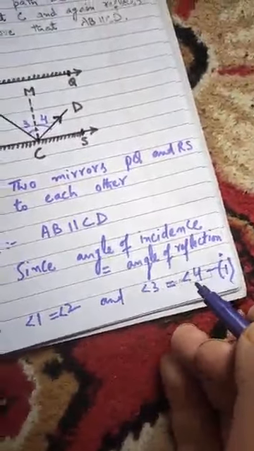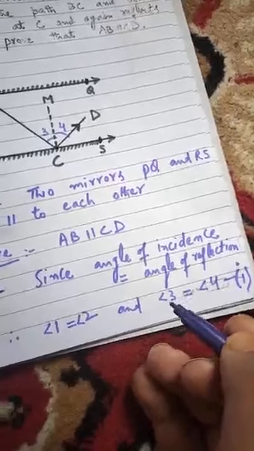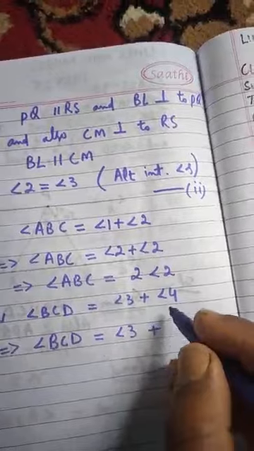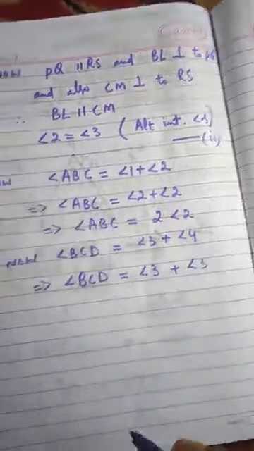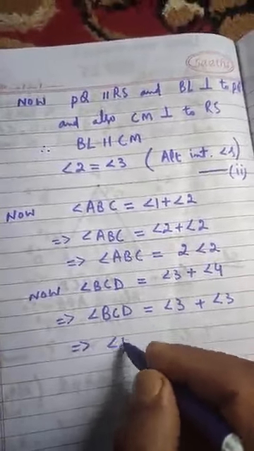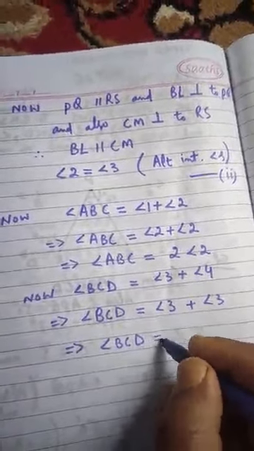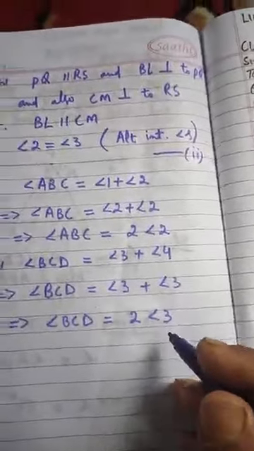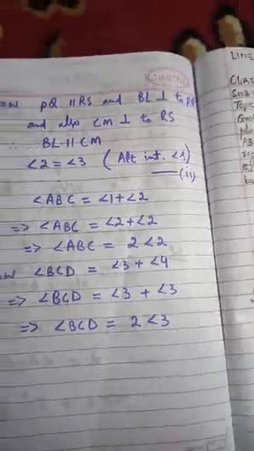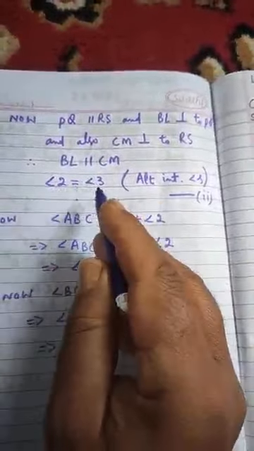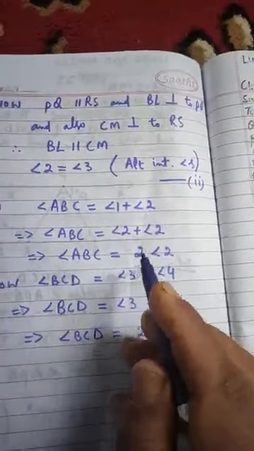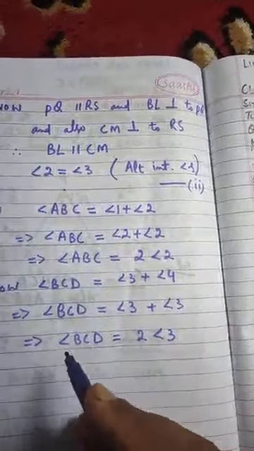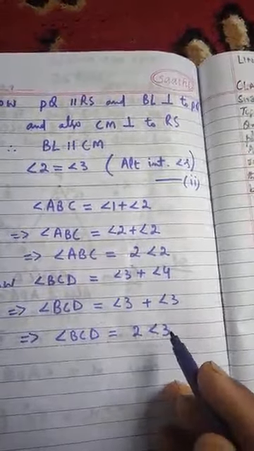So it has its own angle 3 plus angle 3. That gives angle BCD is equal to twice angle 3. Now, angle ABC is equal to twice angle 2, and angle BCD is equal to twice angle 3.